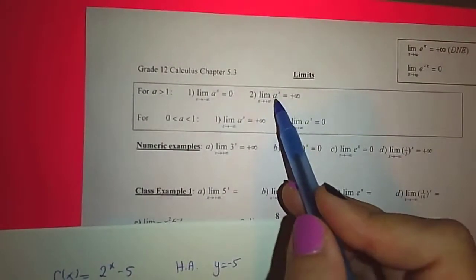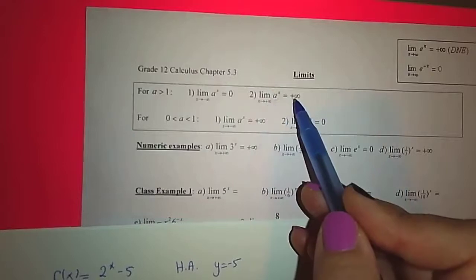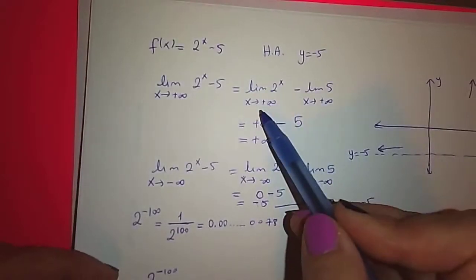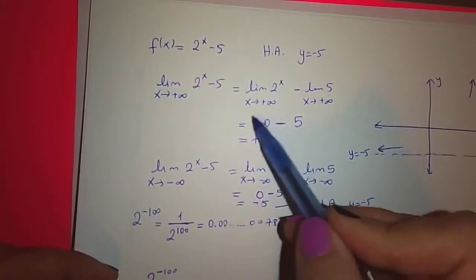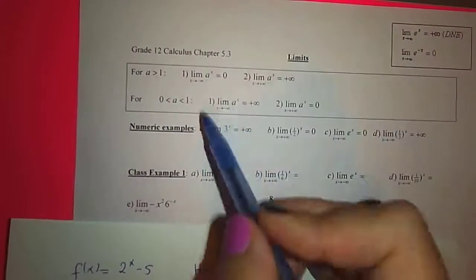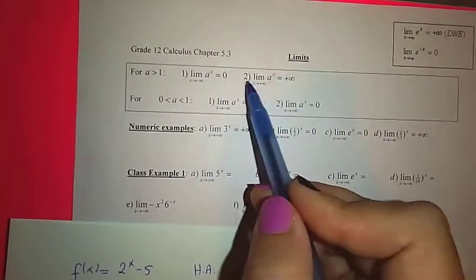So limit of a to the power of x as x approaches positive infinity is positive infinity. Again, we check the limit of 2 to the power of x as x approaches positive infinity, and we said that we are getting a very big number, so that is positive infinity. So those are for the exponential growths.